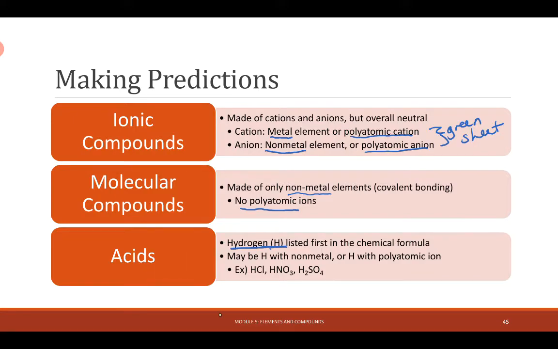So that's why we have to list them with H first to designate that those are acids. And so that hydrogen can be either with a nonmetal element or with any of our polyatomic anions.